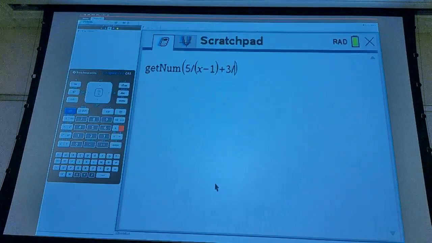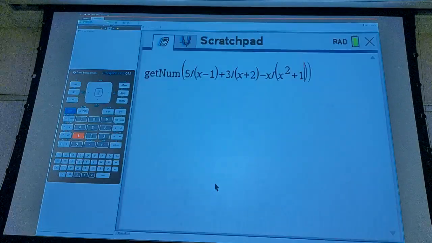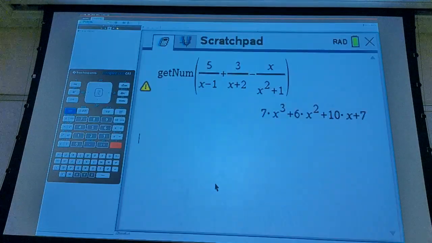plus 3 over x plus 2 minus x over x squared plus 1. Now I don't have to worry about doing it in my head. That's what it expands out to, obviously.